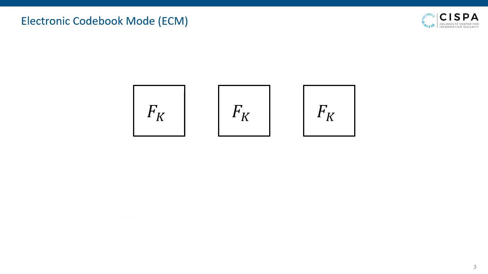One of the first modes of operation that was proposed for block ciphers is the so-called electronic codebook mode, or ECB. In this mode, given message blocks M1, M2, M3, we encrypt by passing them through the pseudo-random permutation or block cipher FK, obtaining ciphertext blocks C1, C2, and C3.